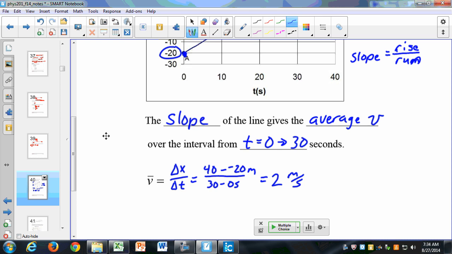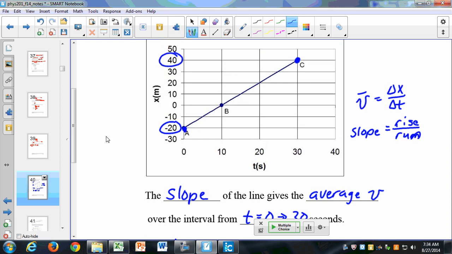Now, on this plot in particular, because the slope is unchanging, the slope is always constant, that is, it's a straight line, you can take intervals elsewhere and you'll get the same average velocity. But that's only because the slope isn't changing. So say, for example, I go from point A to B. I don't know my average velocity there.